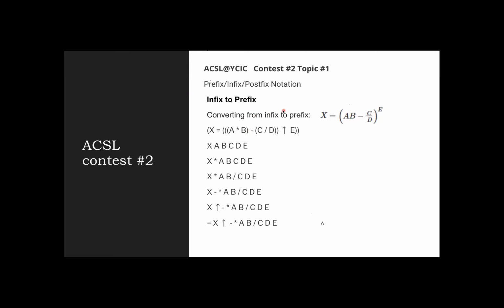So we do C divided by D first, and then A multiplied by B, and then A multiplied by B subtract C over D, and then power to the E. So we need to put the subtract before the multiply sign. Does anyone still have confusion on prefix and postfix?